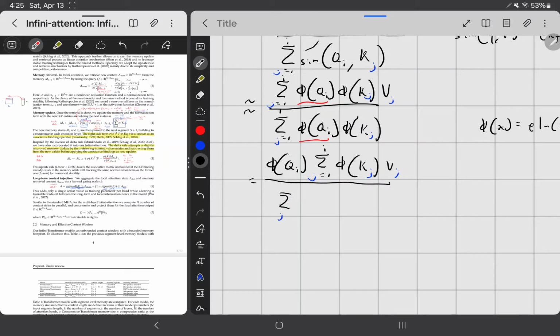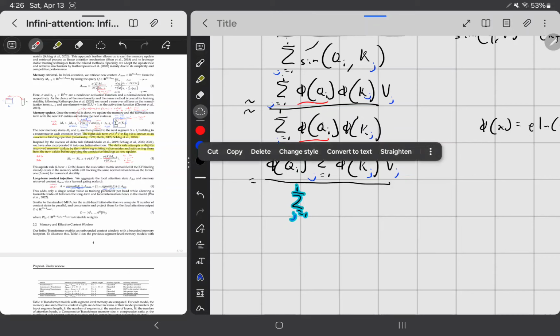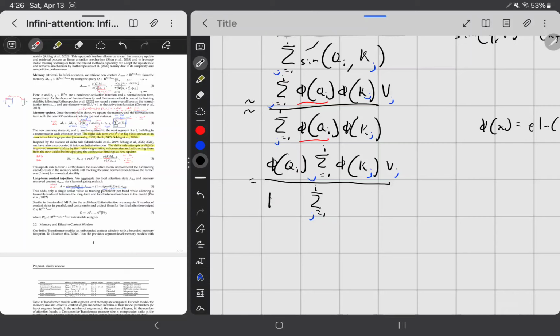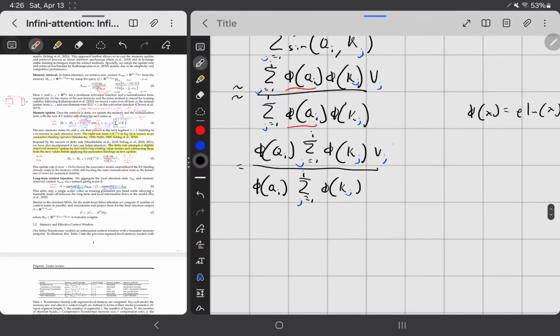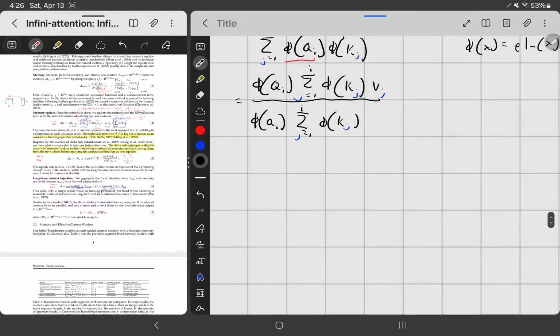This is very sloppy writing, sorry, I guess that's usual. So this is basically the final formulation we have, and what this allows you to do is to independently sum this part here without any influence of q, as well as this part here, which basically gives you an RNN formulation.